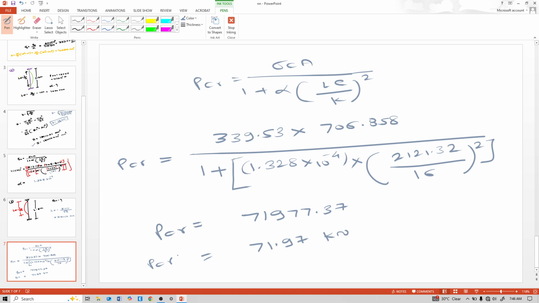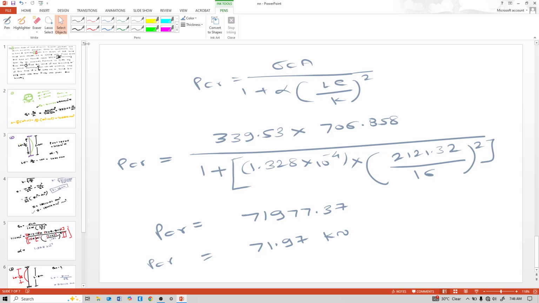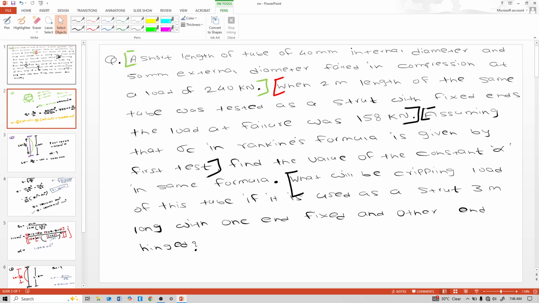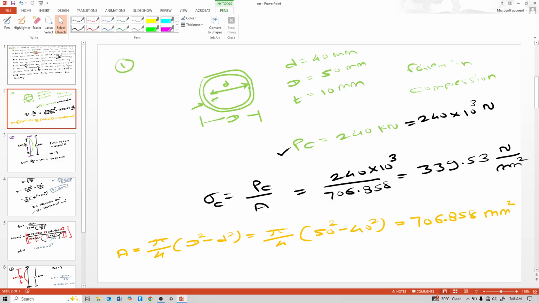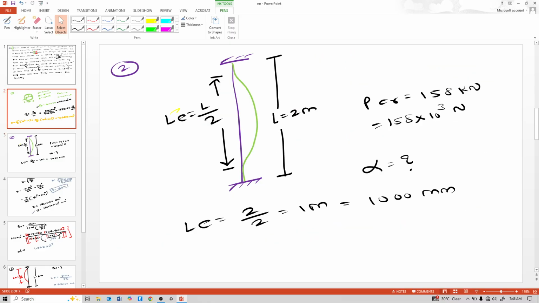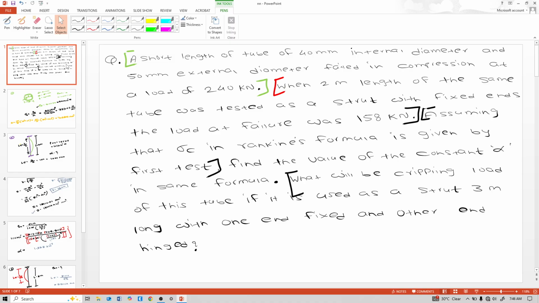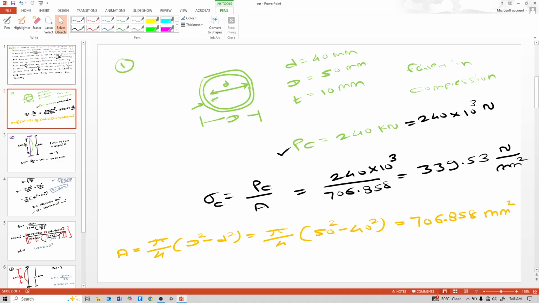So that way we solved this numerical. First understand the numerical, then break it into 3 to 4 steps and solve it like that.